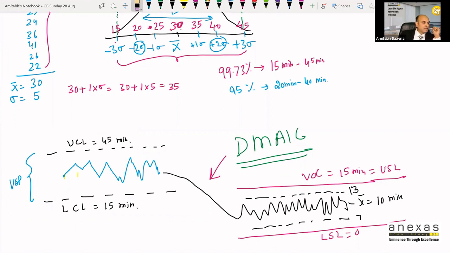I hope that clarifies. Now this is voice of customer and voice of process. This voice of process, let me write it down one more time. Voice of process and voice of customer. And now there are a lot of tools and we will follow define, measure, analyze, improve, control, the DMAIC methodology. That is what we are going to do.